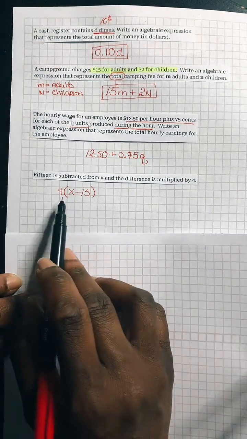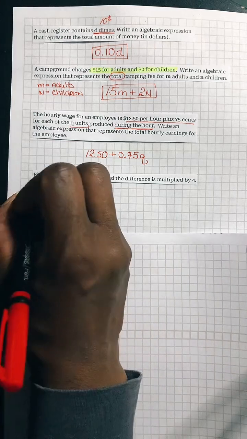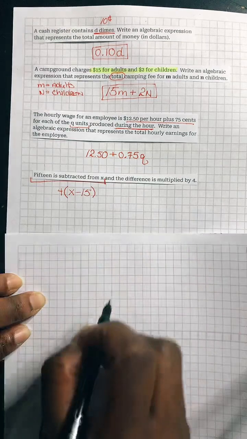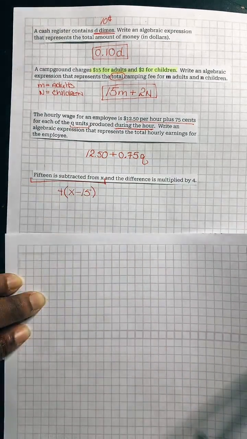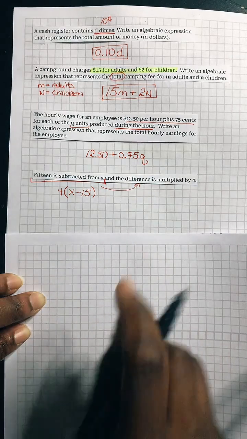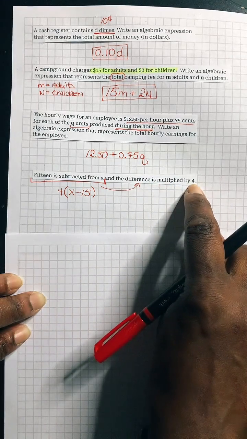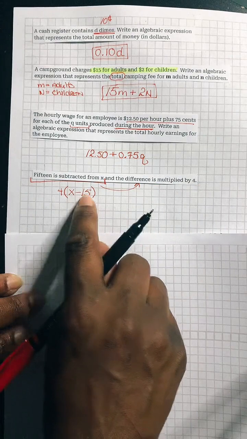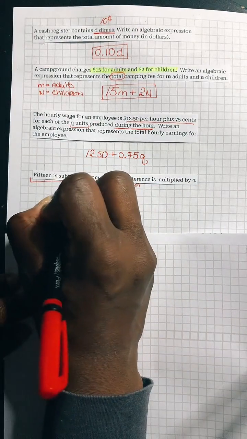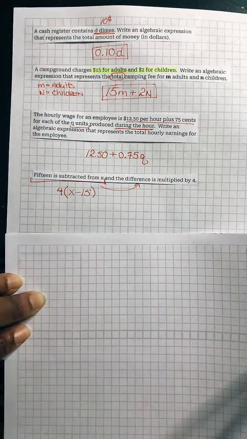So when you do this part, the 15 is subtracted from the x, then this answer is the difference, and it is multiplied by 4. So you're multiplying the 4 to the entire difference. That's the distributive property.